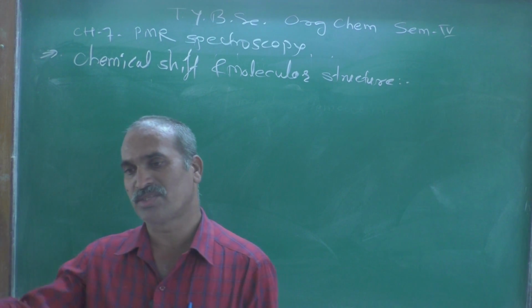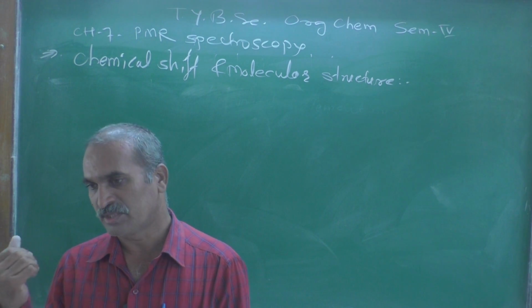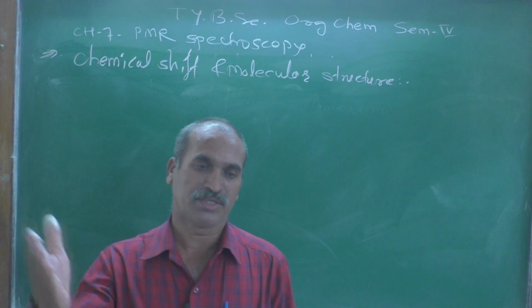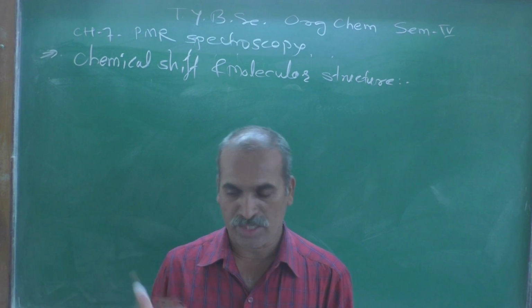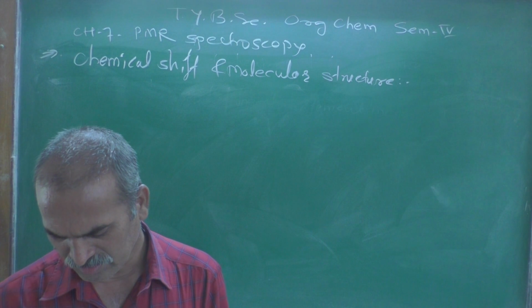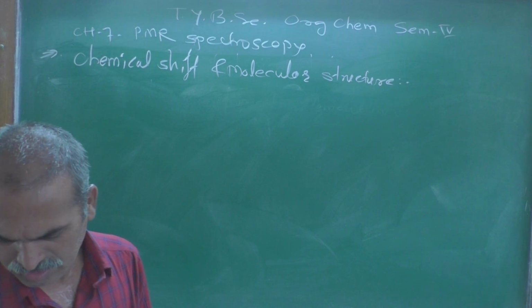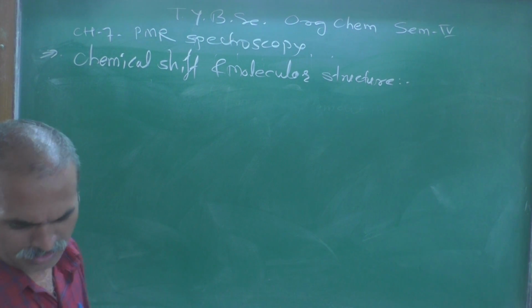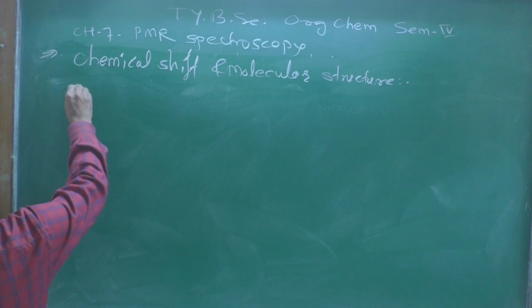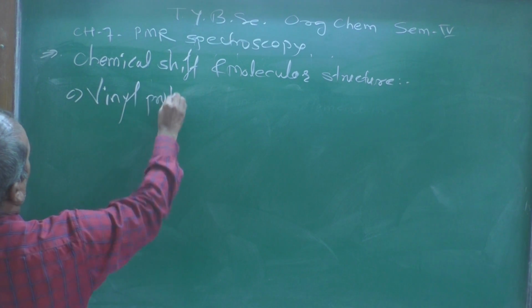Because there is an increase in the electronegative elements, they de-shield the proton, de-shielding increases, hence the delta value also increases. Now let's see the next one, vinyl protons. Point C, we are doing vinyl protons.